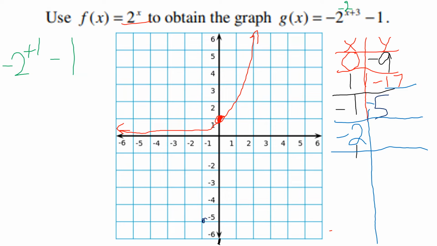So that's still going to be negative 2, and that's going to be negative 2 minus 1, which is going to be negative 3. See how easy this is becoming for us?